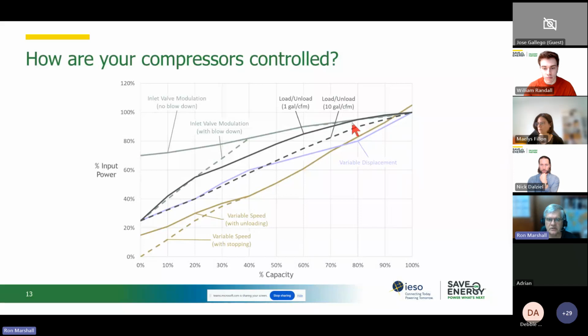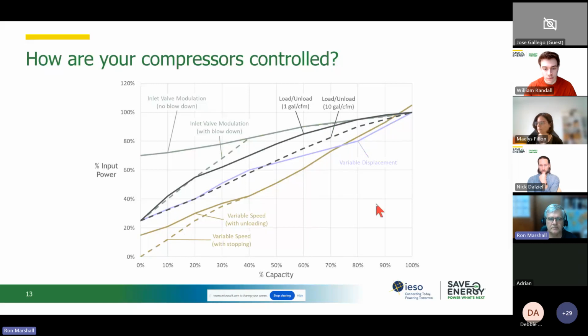The one that's taking the partial load, you want to choose the one that's the best, right? One that's closest to a perfect compressor, which would be a one-to-one turn down from 100% flow, 100% power, all the way down to zero. So it looks like in this chart, variable speed with stopping would be the one that more closely approximates the one-to-one turn down, and the worst one would be modulation, right? And I'll show you an example of modulation a little bit later in the slideshow, right?